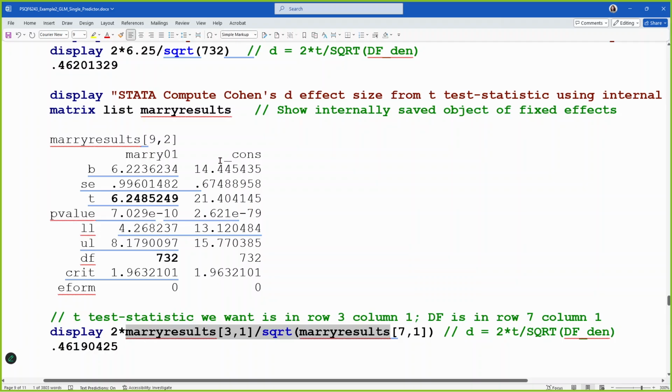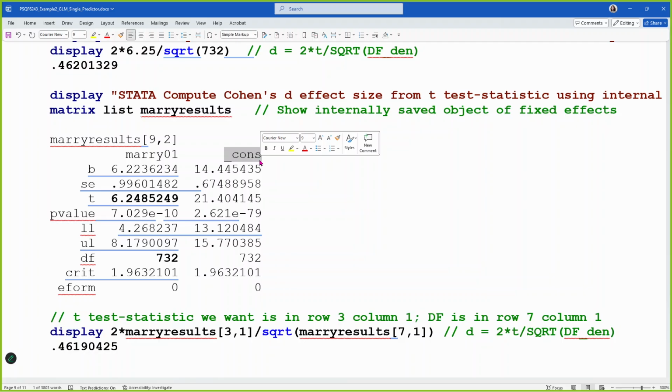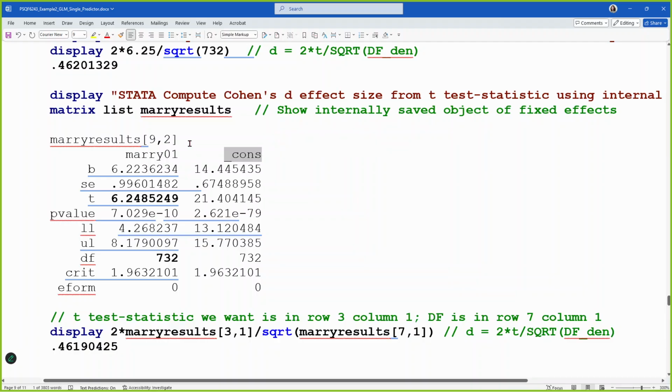What I've learned, though, is that the fixed intercept is always the last one, because that's how it's listed in the output. However it is listed in your output, that's the order of the rows. Yeah, rows of output correspond to columns of this table for reasons that are unclear why they had to switch it, but that's just how it works.